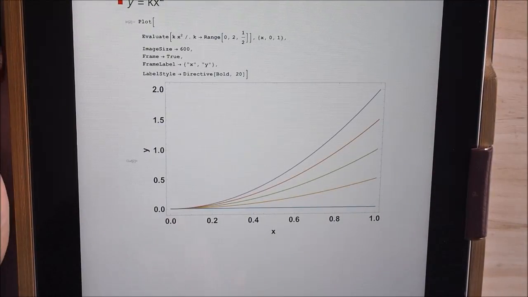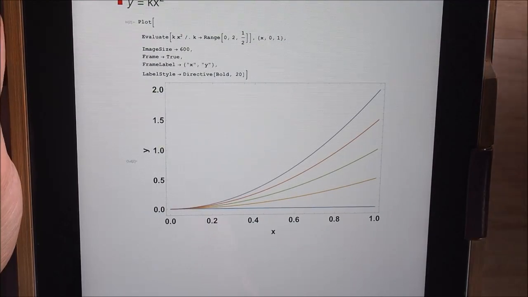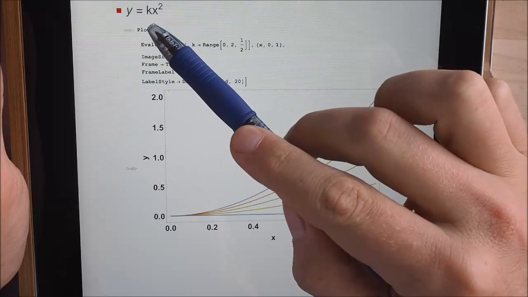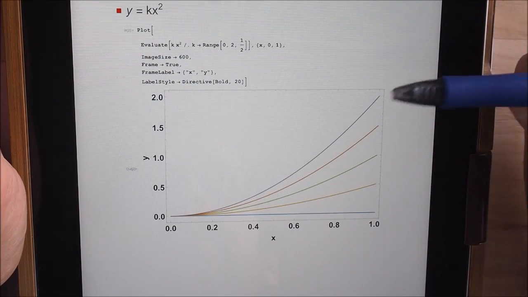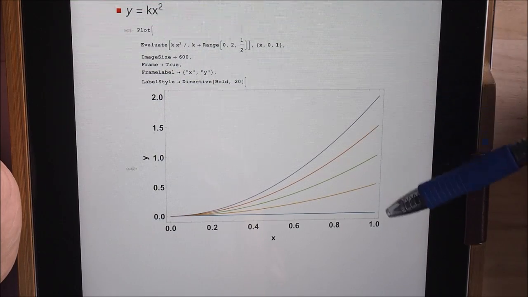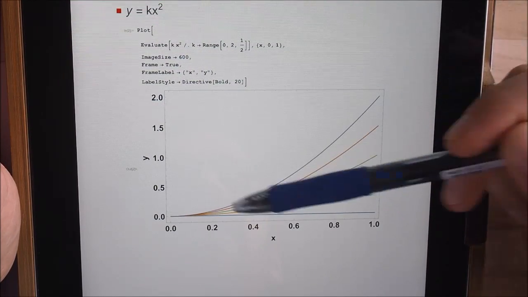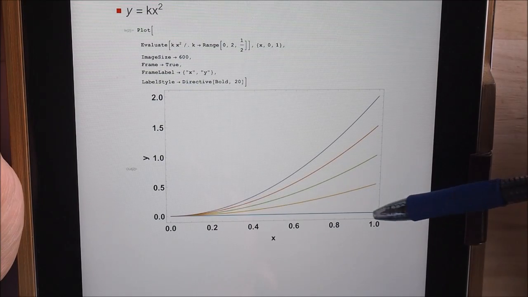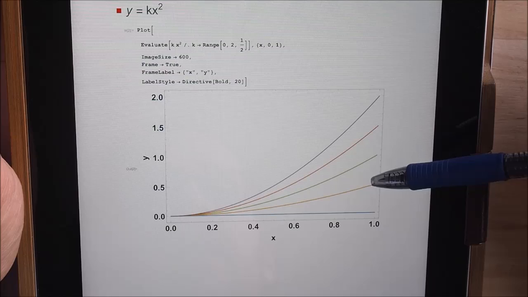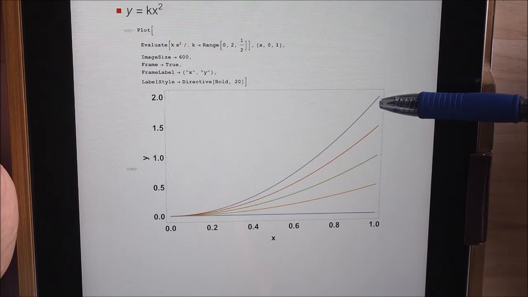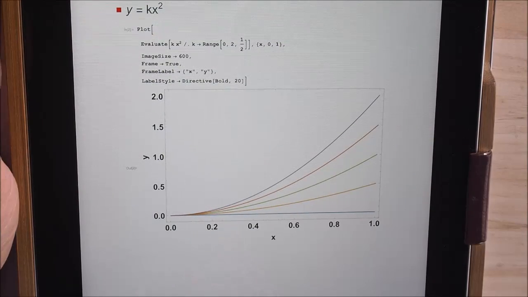The second is that y is proportional to the square of x, so y is equal to some constant k times x squared, and that k again just increases the gradient, or how quickly y increases as x increases. So when k is 0 down here, it's a flat line, and then it goes up in steps of a half. So half, 1, 1.5, 2. So those are the values of k.